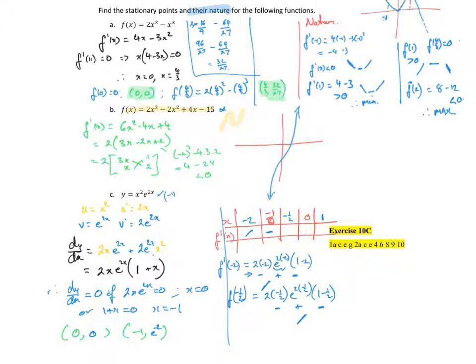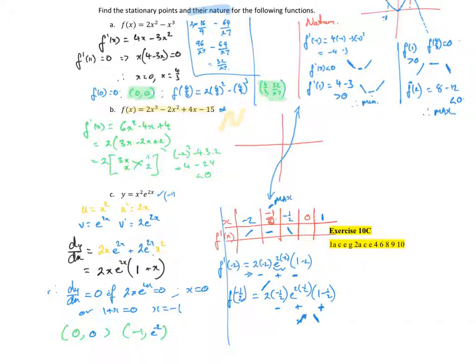Sorry, let's go back. 1 minus 1/2 is positive, isn't it? So that actually gives me a negative value. So at negative 1/2, I should say, I'll get a negative gradient. So that makes that point there a maximum.